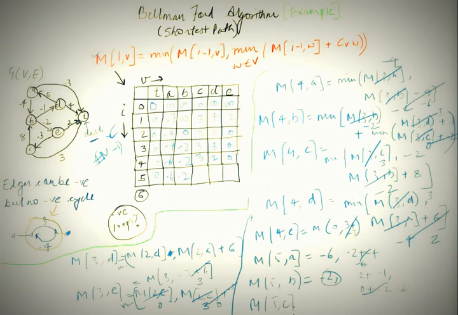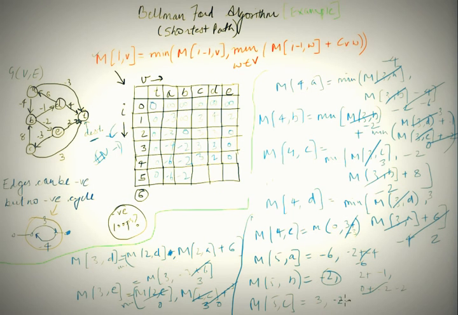M5,C is equal to M4,C, which is 3, or C is connected to B. So M4B is minus 2 plus the cost BC, which is 8. So the minimum is 3. I'll write 3 here. And then M5,D is equal to M4,D, which is 2, or D is connected to A, which has value minus 6.